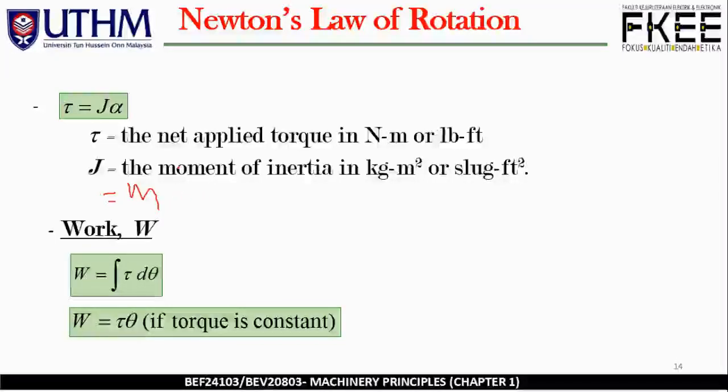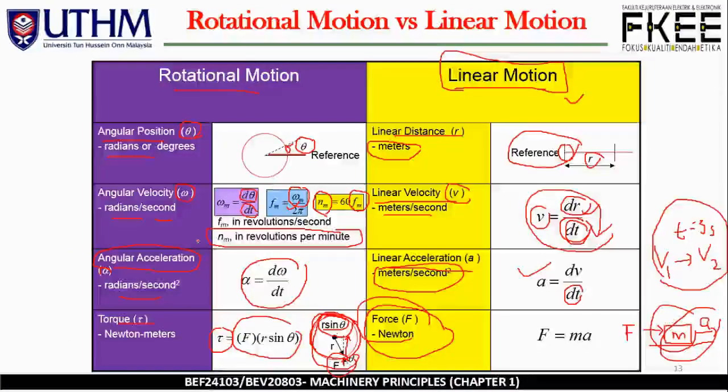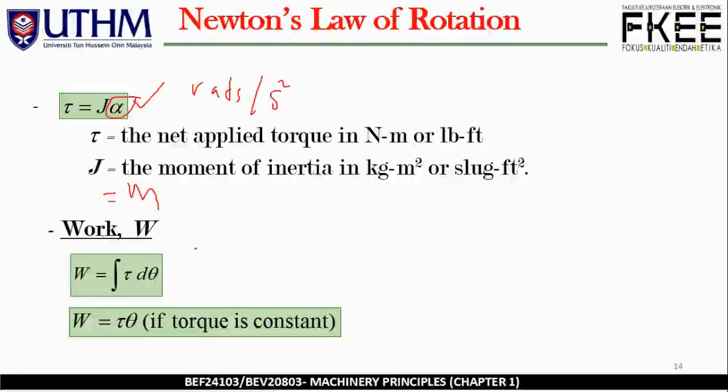So this alpha is actually the resulting angular acceleration in radians per second squared. You have seen this in an earlier page. So here, angular acceleration. And J is again identical to M in linear motion.